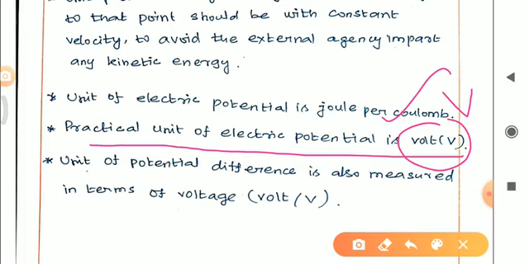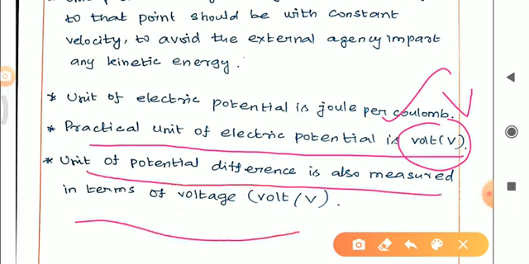The unit of electric potential difference is also measured in volts, capital V. So there is no difference in the unit for electric potential and electric potential difference. Both are measured in volt, in symbol V.